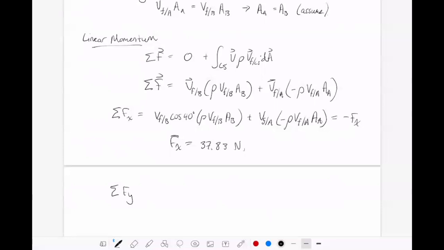And we want to find the y component. Let's do the sum of the forces in the y direction. So now we have VFB times sine 40, which gives us a y component times rho FBAB.